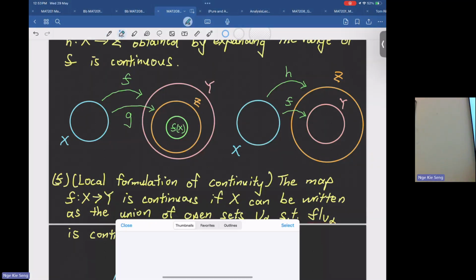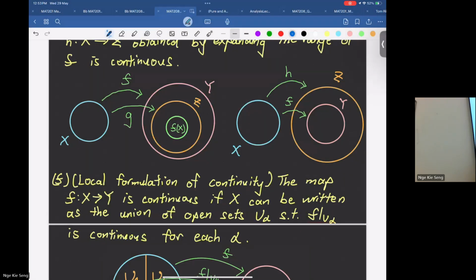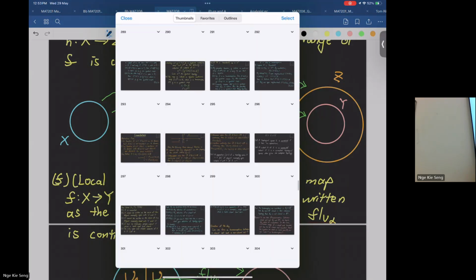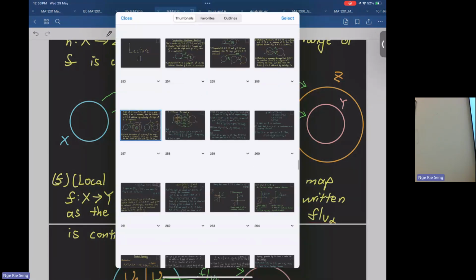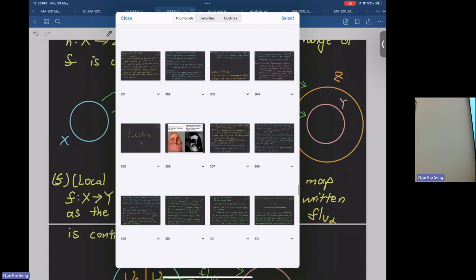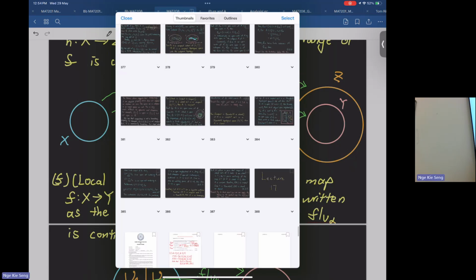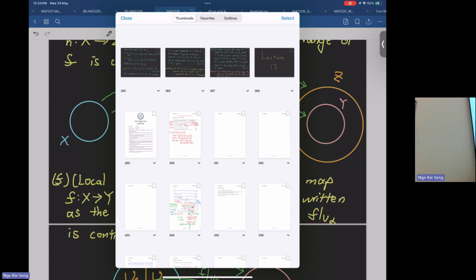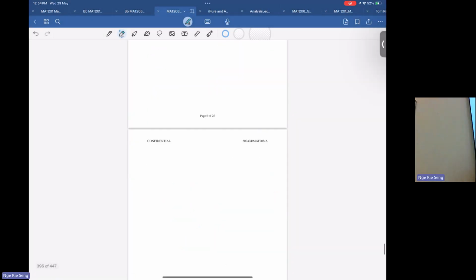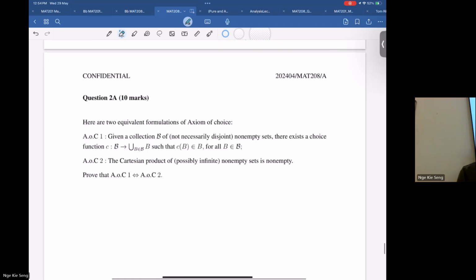Liang Yuan. The axiom of choice gives a choice function c, such that c(B) is an element of B for all B. Okay. Gary, how do you understand this sentence?